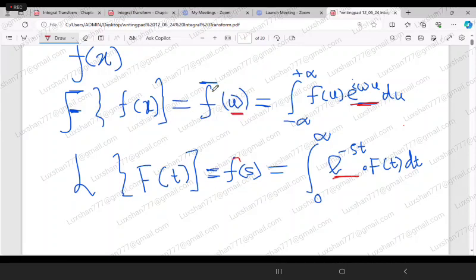So this is a different function. Here we are using capital F and simple f, here we are using f and f bar. Please try to understand the notations.